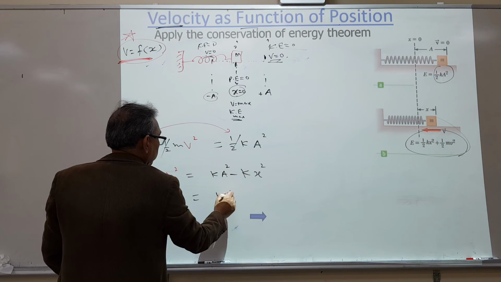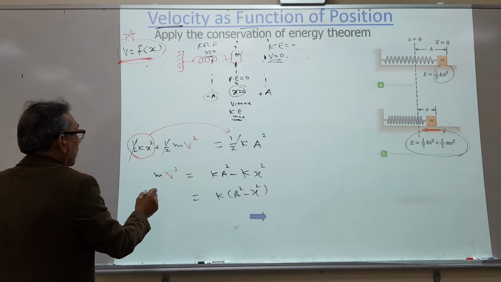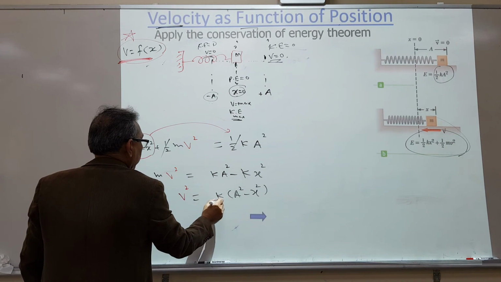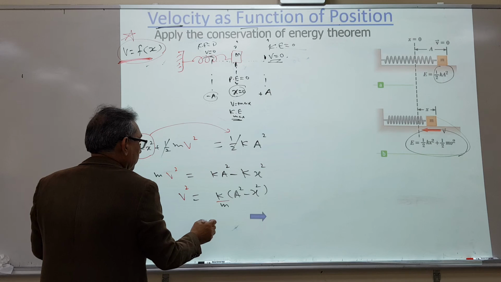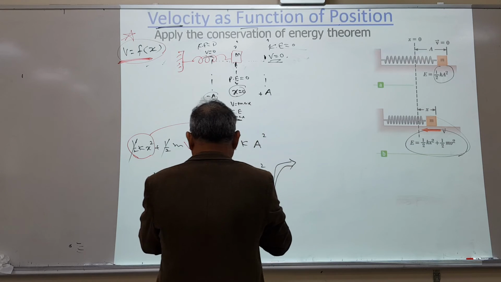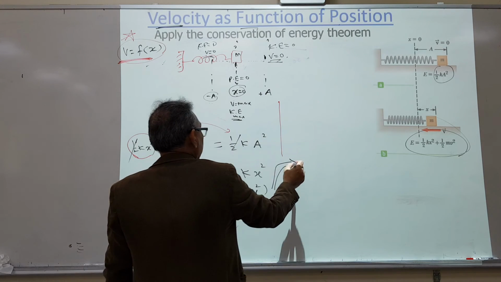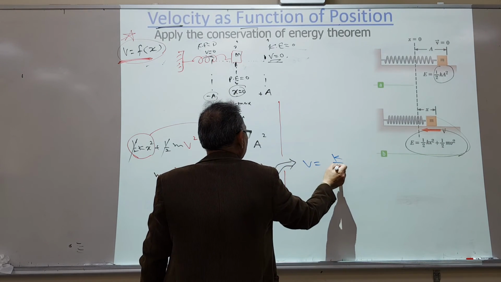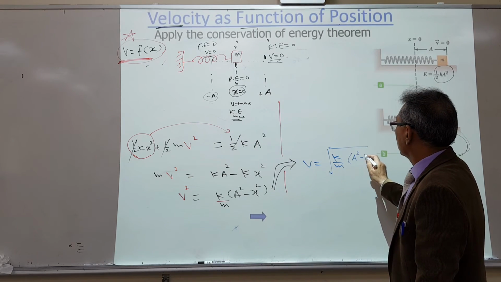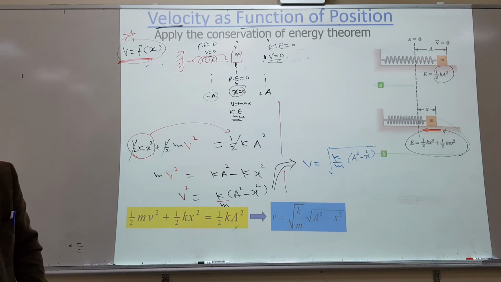So K is common. Now this is v square. I take m down, and finally I get v equal to K by m under the root, A square minus x square, under the root.